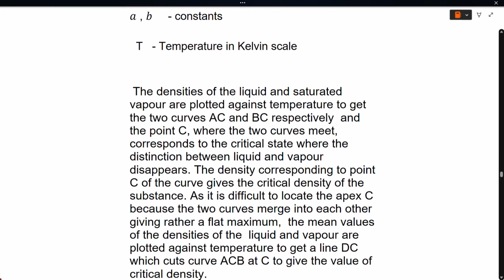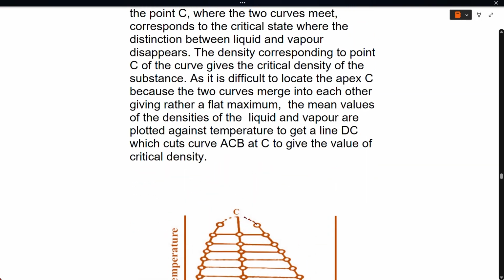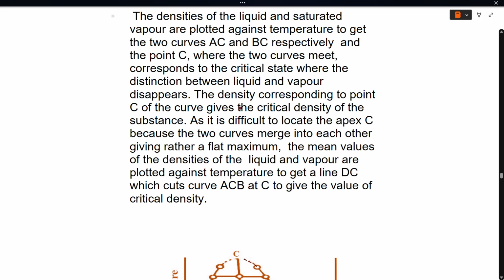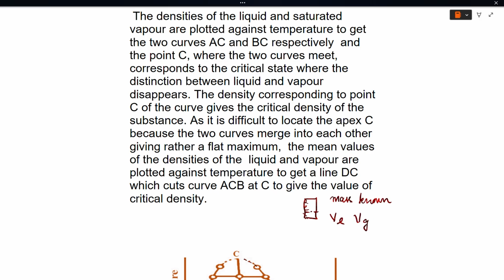Now, we are going to take a liquid and a gas together in a graduated tube. Here there will be graduations. I will take the liquid of known mass, and I will keep this at different temperatures, and I will be measuring the volume of liquid and volume of gas in equilibrium.